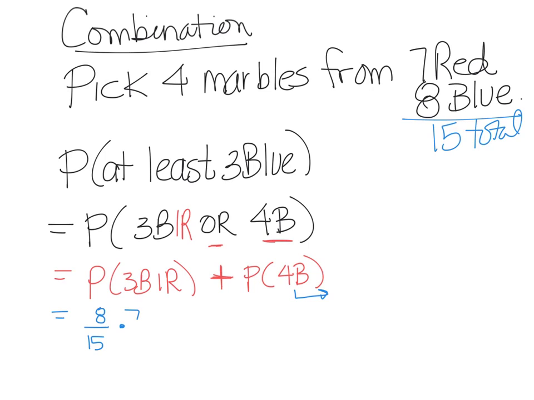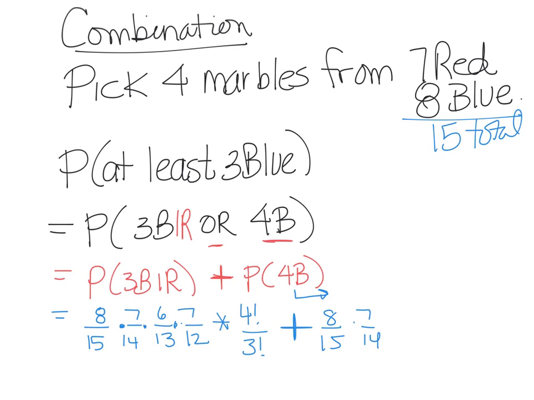First blue, second blue, third blue, a red, there are 7 of those, times the number of ways I can rearrange the 4 items when 3 of them were indistinguishable, plus, okay, all these were times because they were and, but this is a plus, the 4 blues, so let's see, blues, there were 8 of them, so 8, 15, 7, 14, 6, 13, 5, 12, and no need to rearrange those, and you should be able to get that answer.